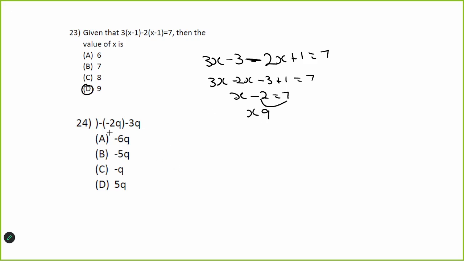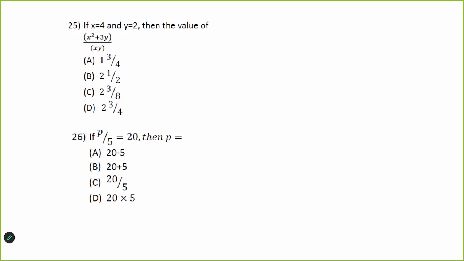This one here, it would have been 2q minus 3q is negative q. Right? This one here, I believe is a repeated question. We have 4 squared plus 6. Is it?